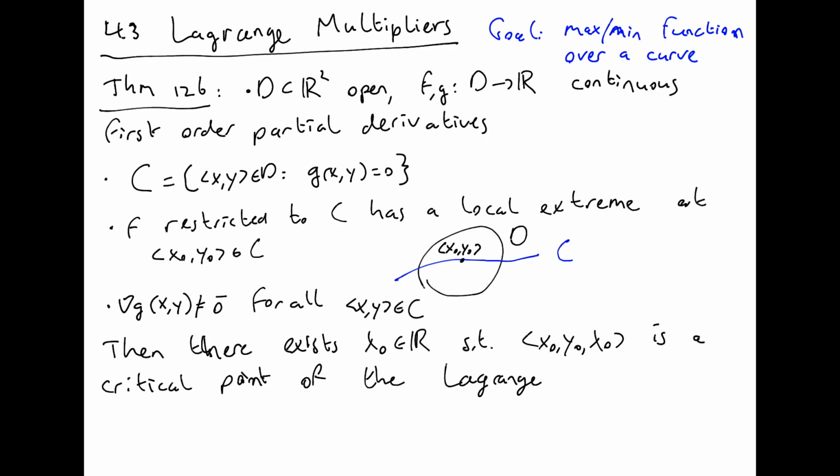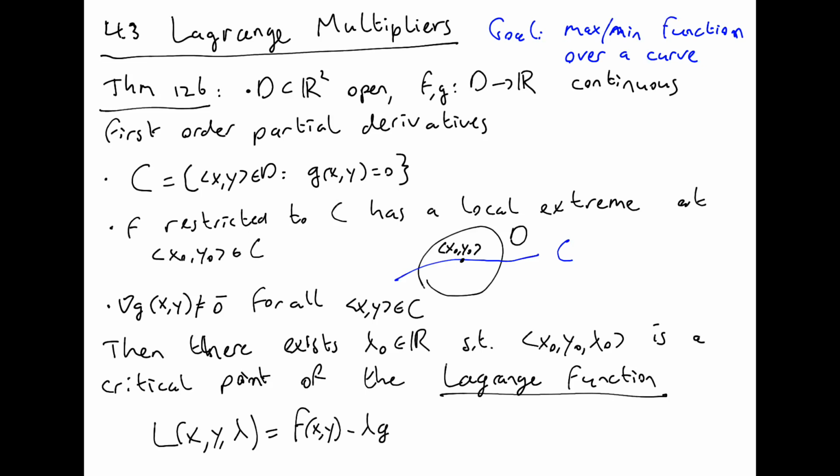This is why it's called the Lagrange multiplier method. And what is the Lagrange function? The Lagrange function is now a function of 3 variables, so we only had 2 but now we have 3 variables. We have an extra variable lambda, and the Lagrange function is simply f minus lambda times g at the point x y.